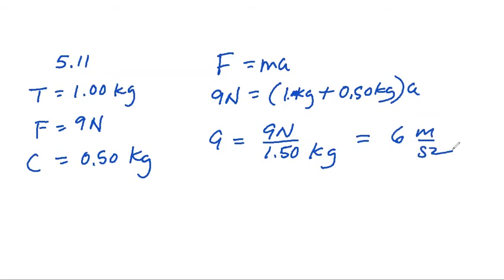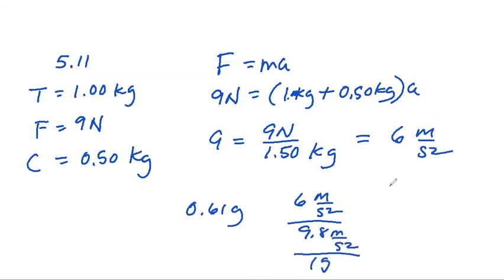All right. That is the acceleration. Oh, they did it in terms of g. They just divided 6 meters per second squared by 9.8 meters per second squared over 1 g, and they got 0.61 g.